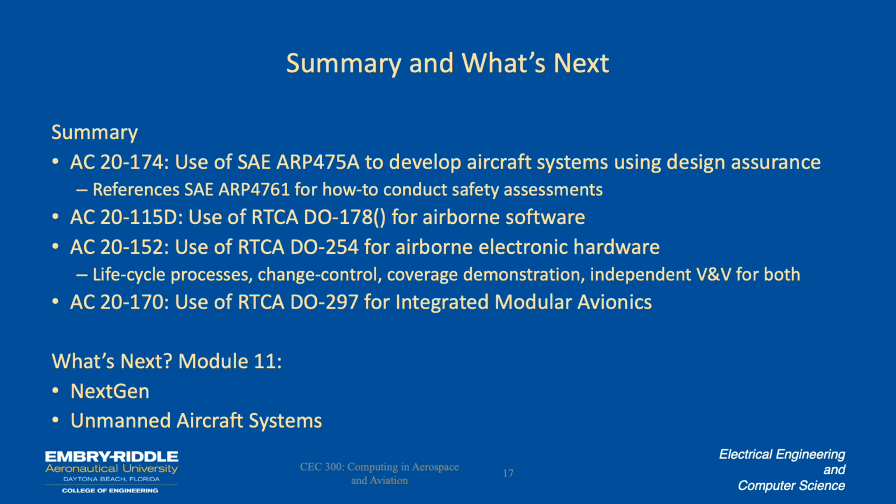Those are used in DO-178C currently, and DO-254, for airborne software and airborne electronic hardware. Both of these involve specifying the lifecycle processes, the degree of change control management, demonstrating coverage so that all possible states are reached and impossible states aren't reached, and having independent validation and verification for both software and hardware.